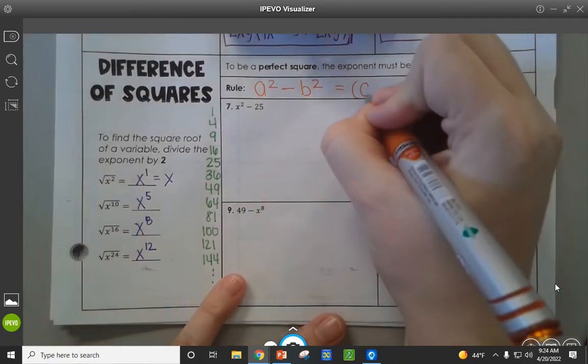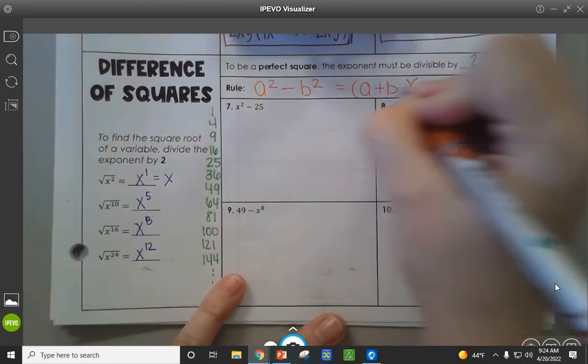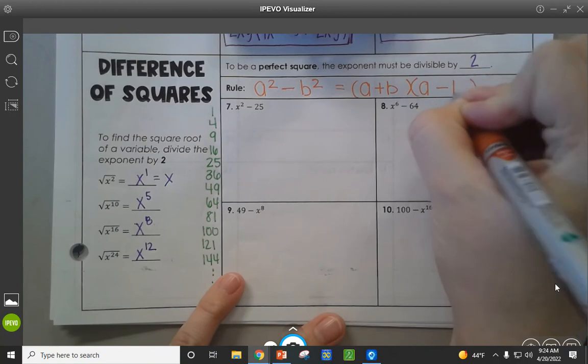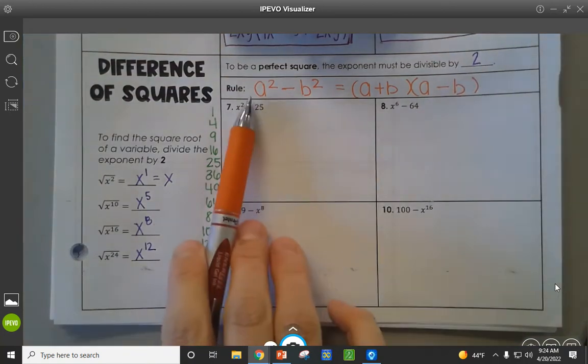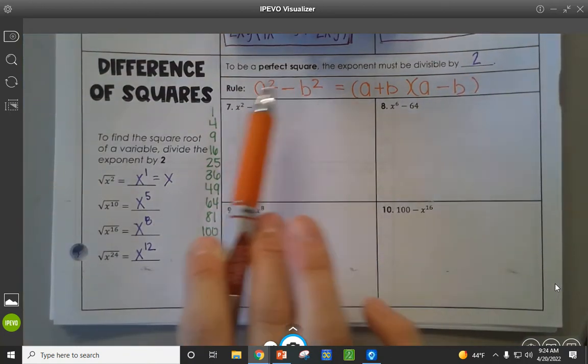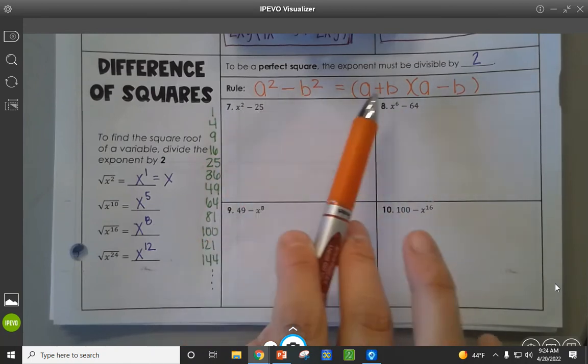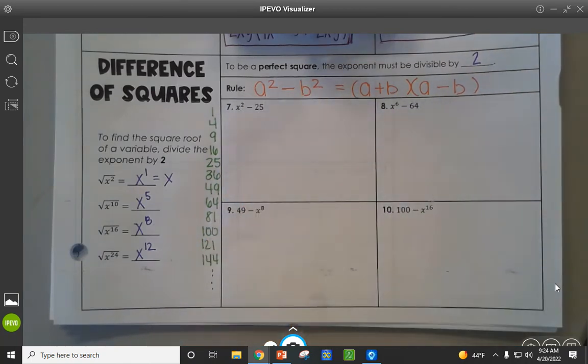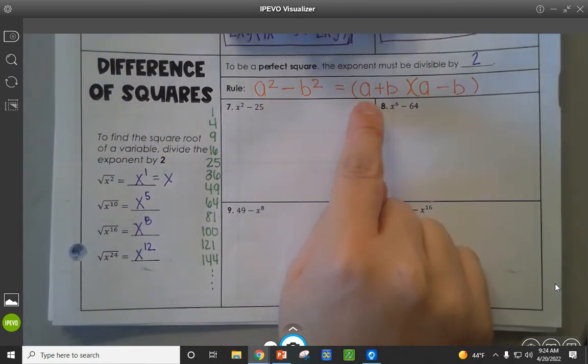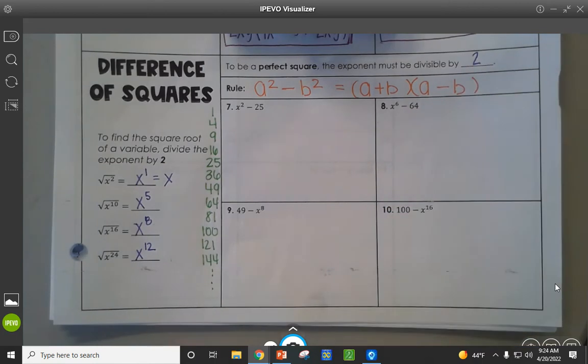It's going to be a plus b, a minus b. So we're going to find the square root of each side to get my a and b. And then we write our answer as a plus b, a minus b.